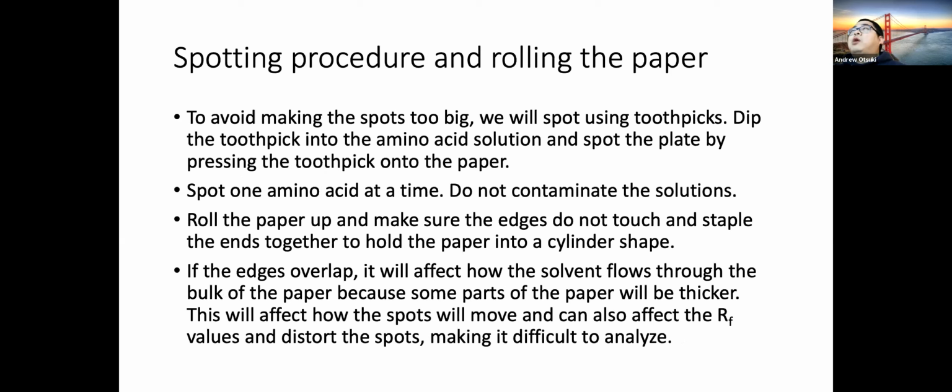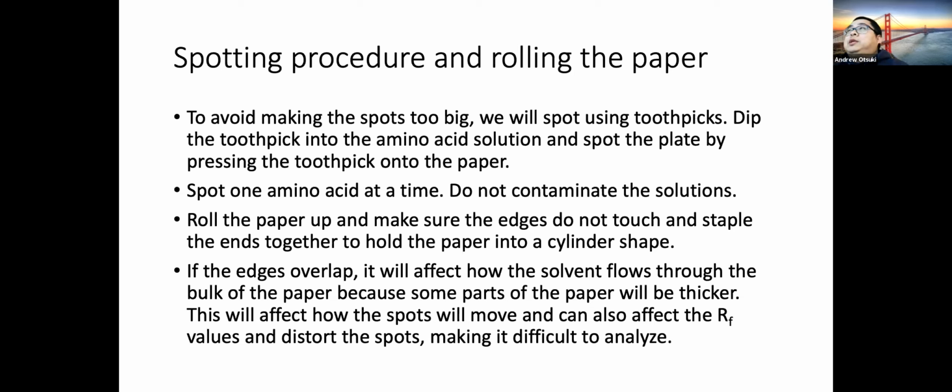You don't want too small of a spot either, because it might not be visible after you're done visualizing it with the ninhydrin. So you want an appropriate size, and toothpicks are the best way to do it.